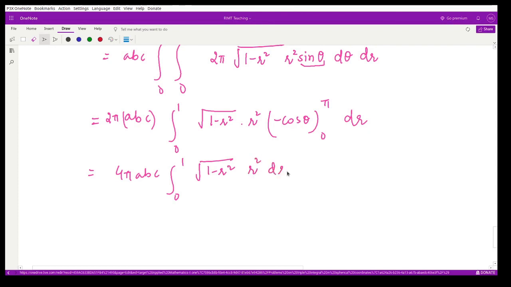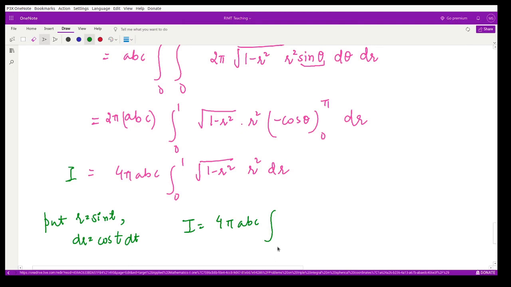Now to solve this integration, we will substitute r is equal to sine t, so that your dr would become cos t dt. Therefore, this integral I would be equal to 4 pi ABC as such. And then in the limits, whenever your r is equal to 0, sine t would be equal to 0.